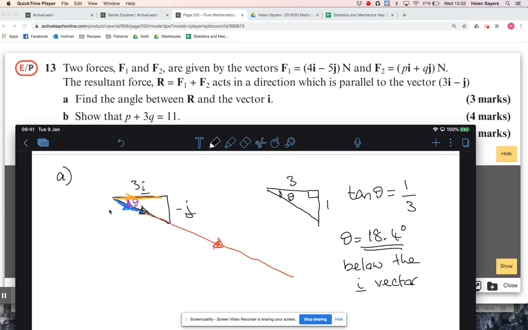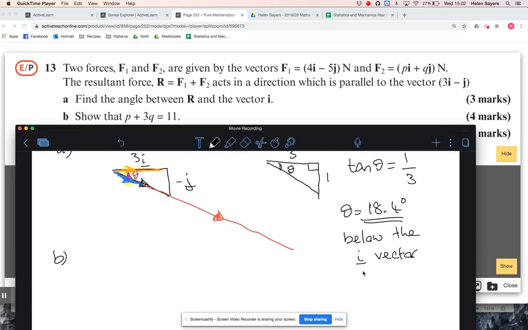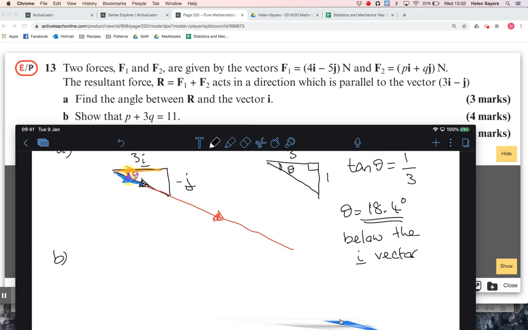Yeah, that's purely from that diagram there. I can see that's below the i vector. Okay, so then it's a show that question. That's quite handy, because that means I'll know when I've got it correct. But for any show that question, you must be sure you're not skipping stages. You're getting everything clearly written down on the page.